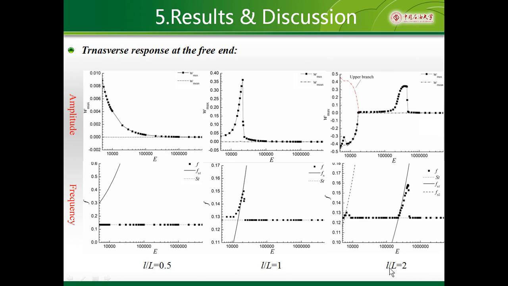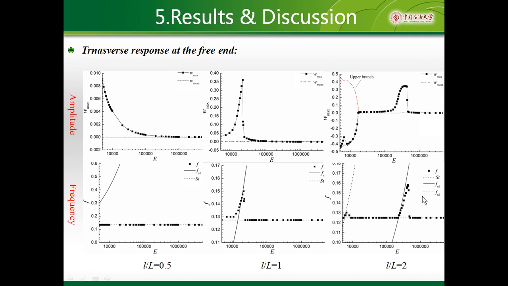At the plate length of 2, both the first and the second natural frequencies of the plate interact with the vortex shedding frequency.